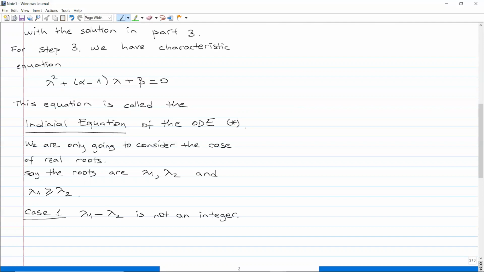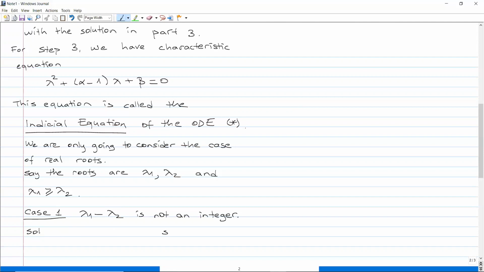So when it is not an integer, this means we are in the case of two distinct real roots.